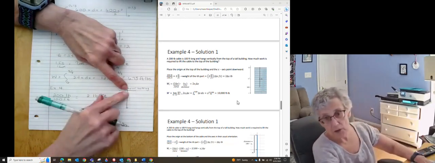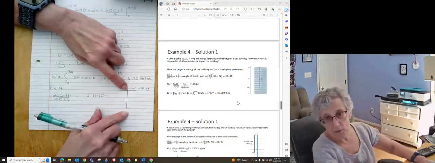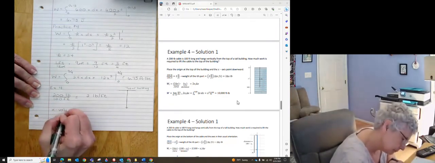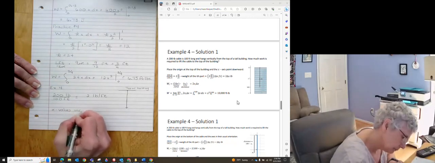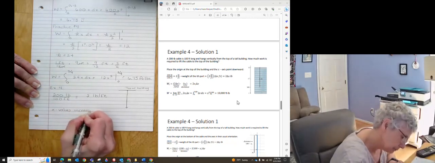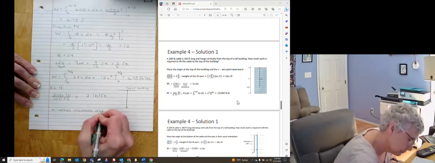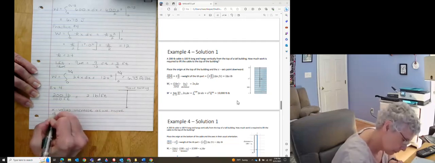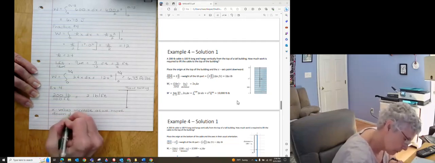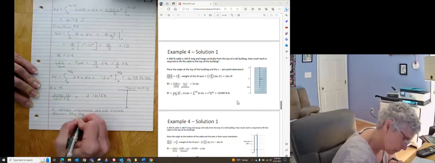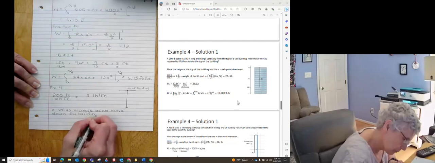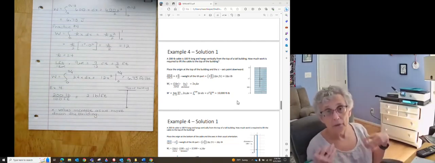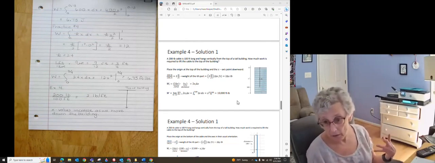X values are getting larger as they go down the building. Advantage, we get to integrate with nice positive x values.